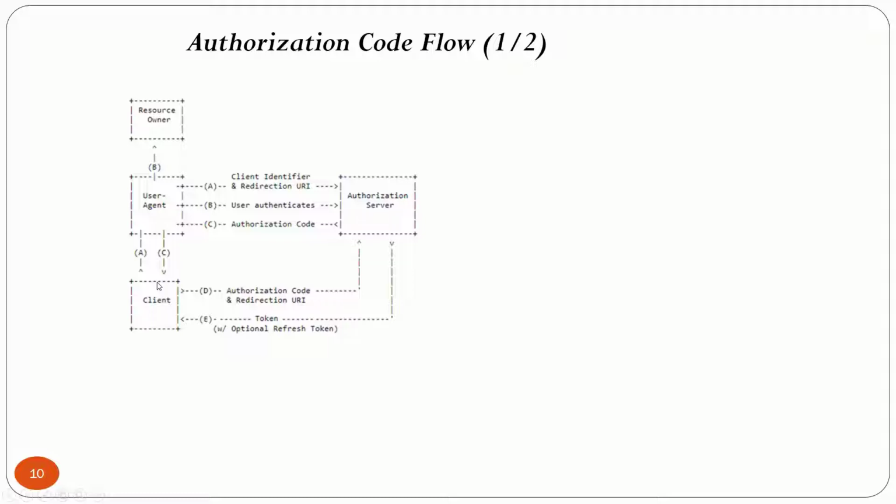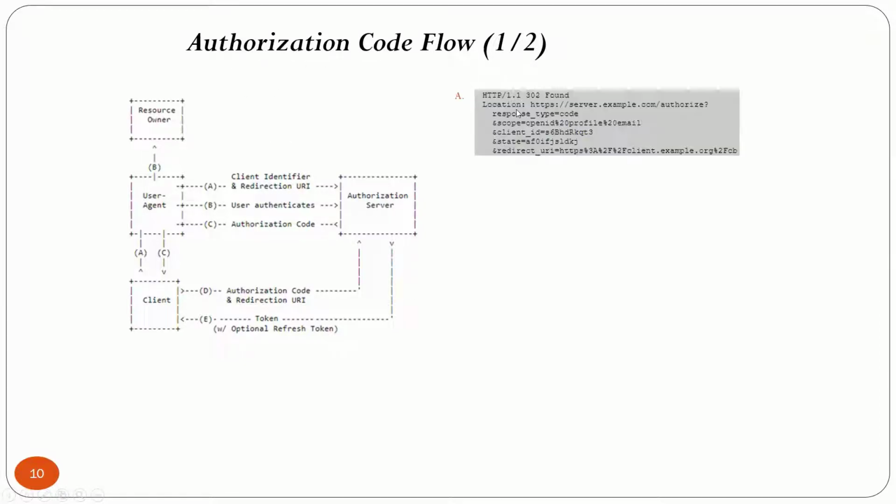Now we are going to see the various steps made in order to implement this authorization code flow. This is a sample of the authorization request. With this authorization request, the client initiates the flow, directing the resource owner's user agent to a particular endpoint present in the authorization server. This endpoint is called the authorization endpoint.